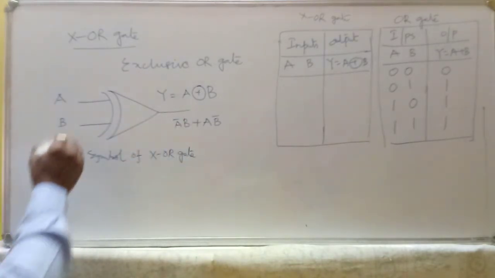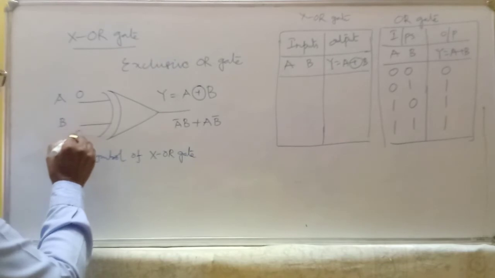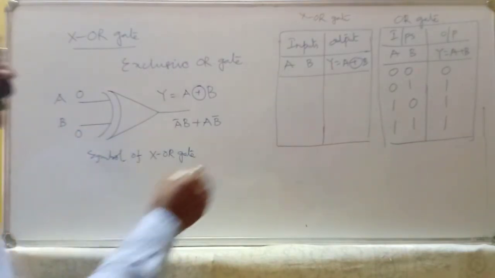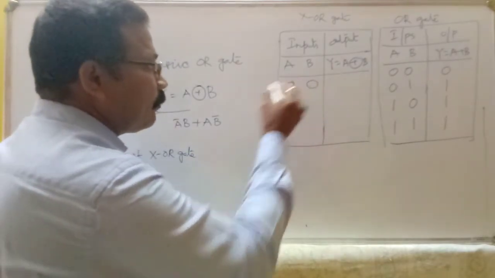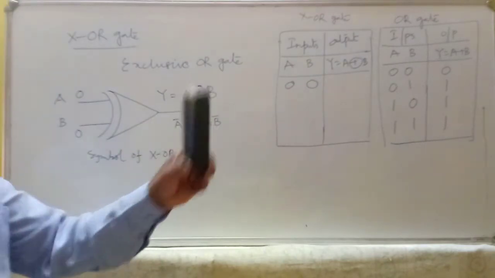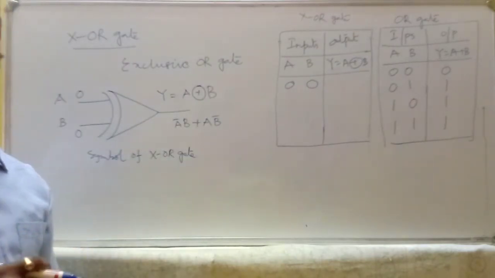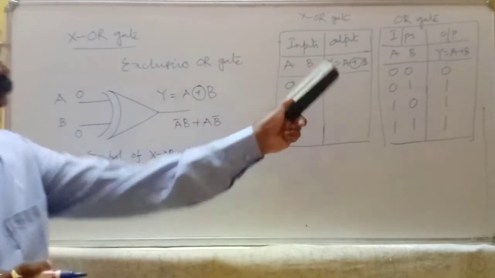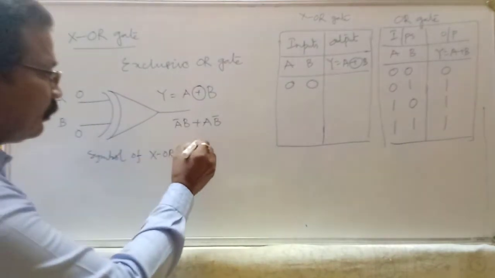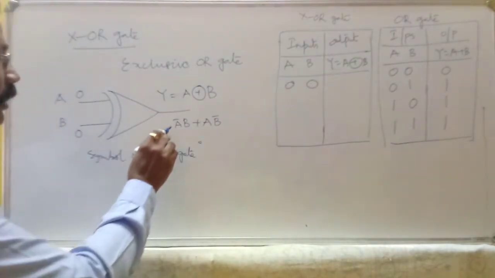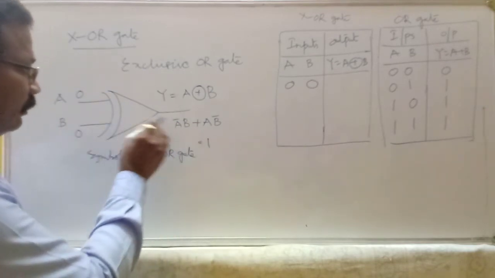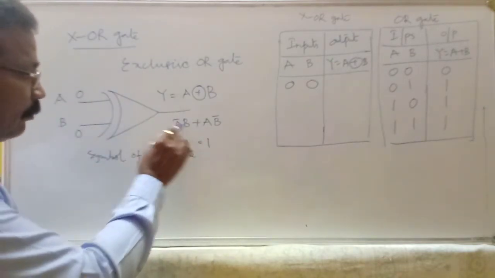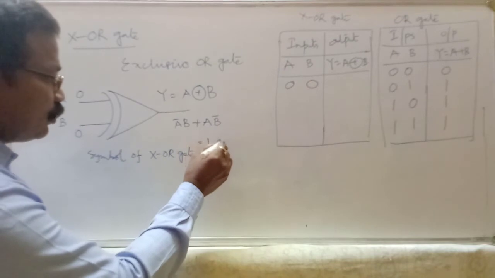Now, if both the inputs A and B are 0 and 0, what happens in the output? Let us see. A bar, that means 0 bar means 1. B is 0, so 1 into 0 is 0.